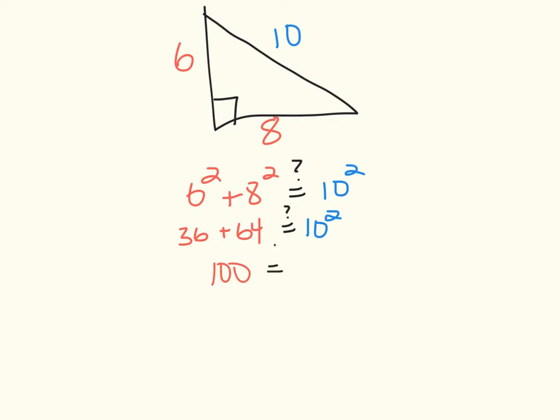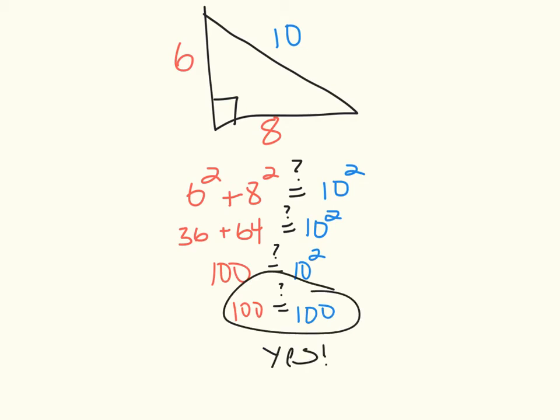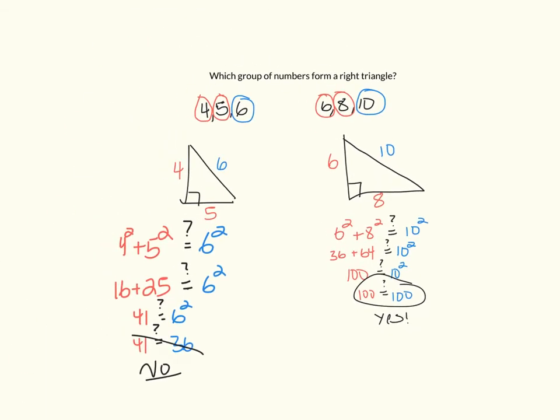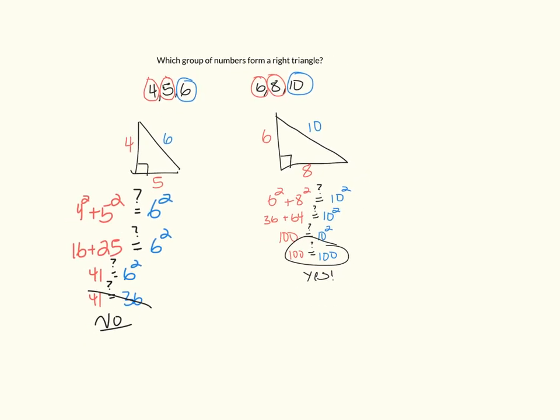So is 100 the same as 10 to the power of 2? Well, what is 10 to the power of 2? 10 to the power of 2 is 100. And is 100 the same as 100? Yes. So, which group of numbers form a right triangle? And the answer would be 6, 8, and 10.